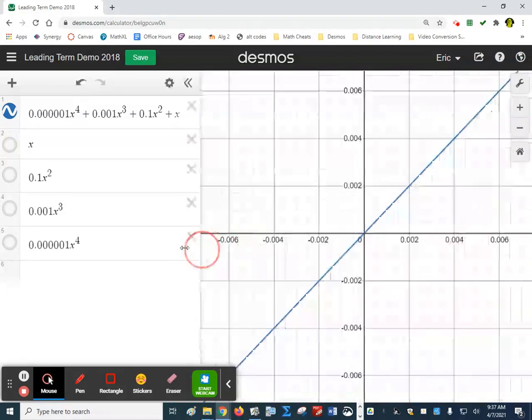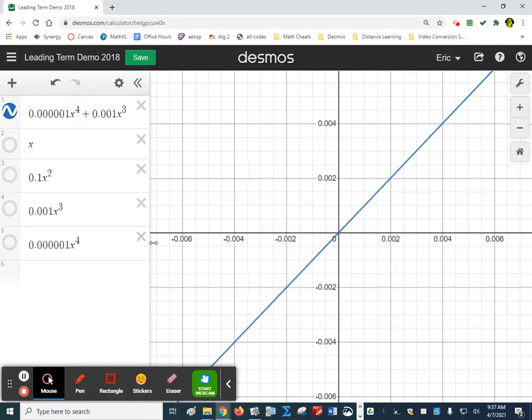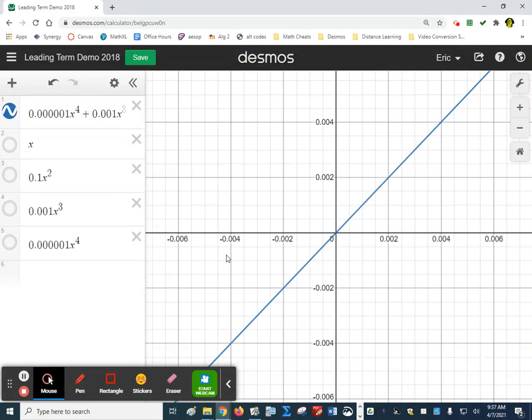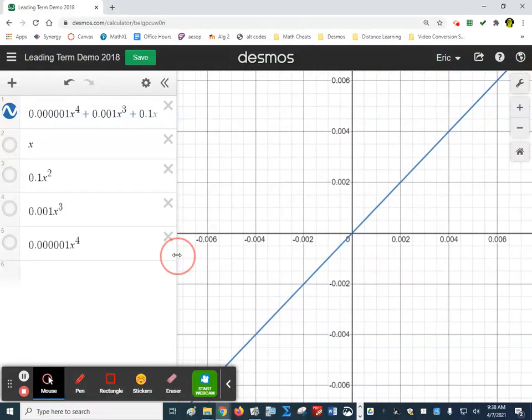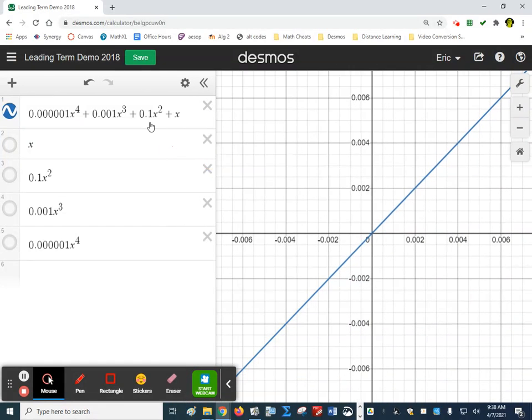So on this scale, if I'm zoomed in pretty far, which term of my polynomial, here are the four terms, right? Which term seems to dominate? X does, right? They look identical, don't they? So do you suppose that's going to be the dominant player when I graph this polynomial? You think it's going to be X when I zoom out?